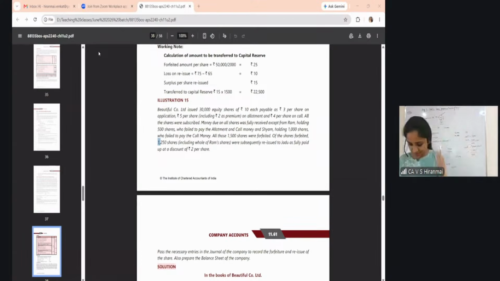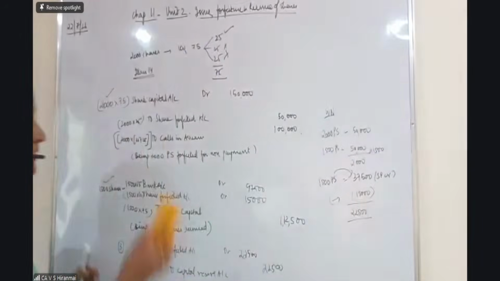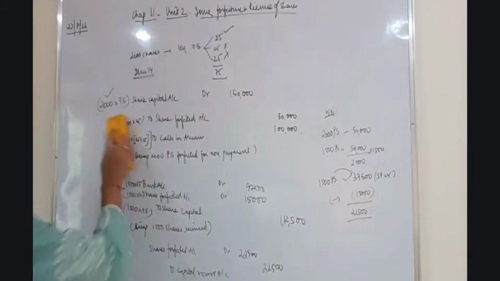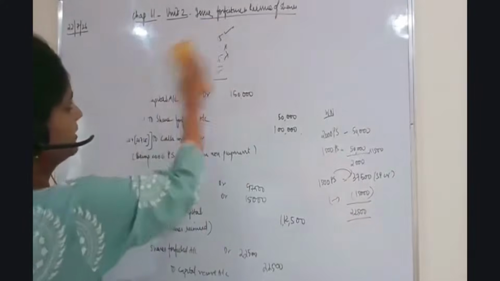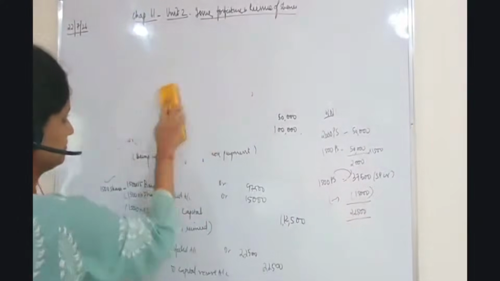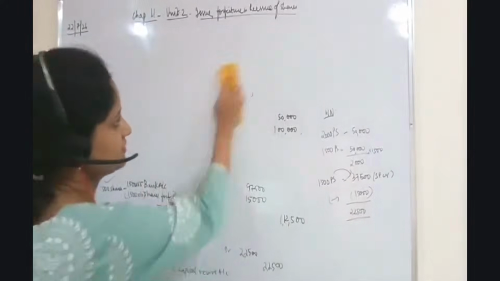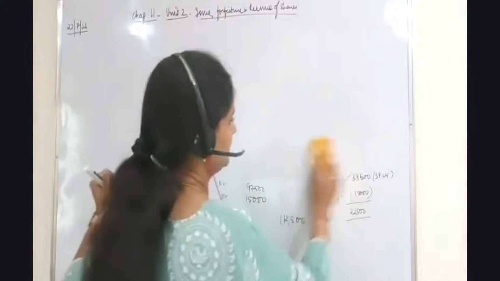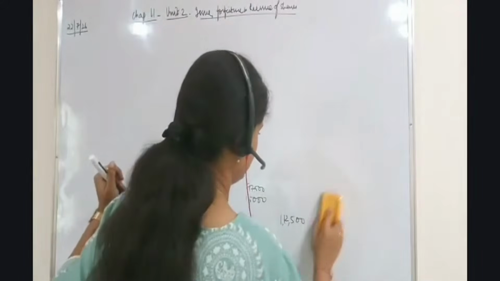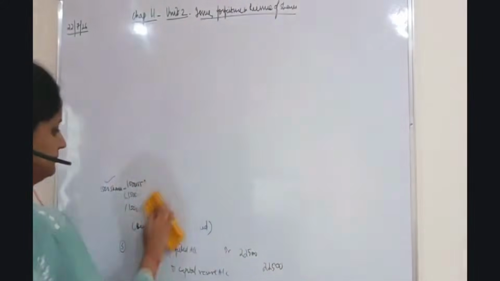So in this question, when you look at the forfeiture, we are now talking about two things. Now let's come back and start doing the forfeiture entries for the two people, Ram and Shyam. First let us write the breakdown of the entries, the starting of the question.